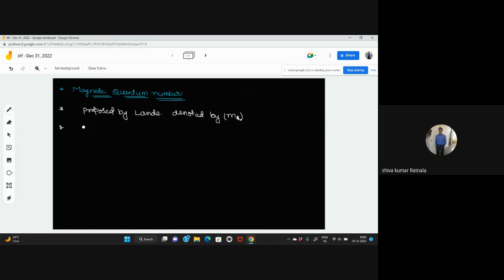The magnetic quantum number depends on the L value.